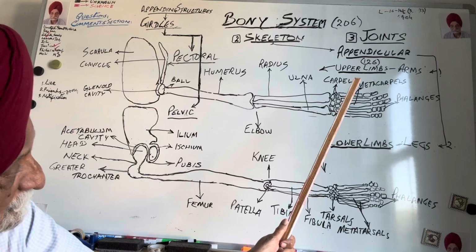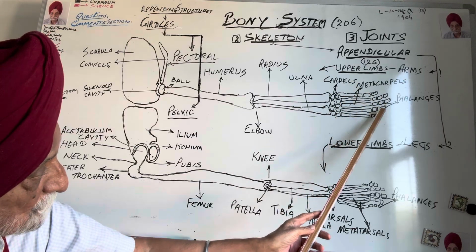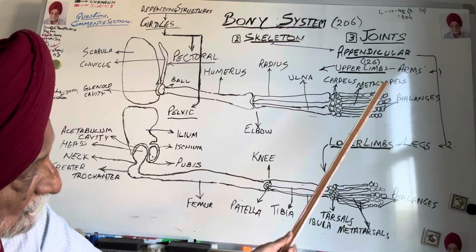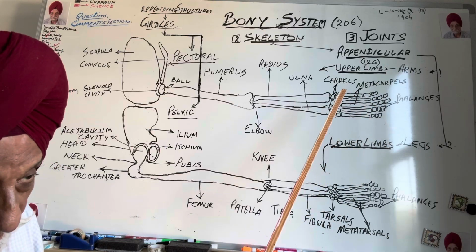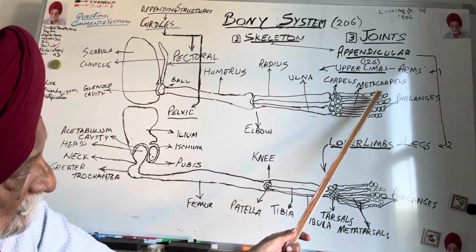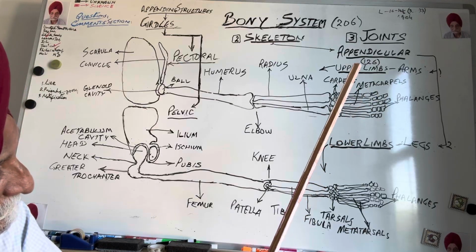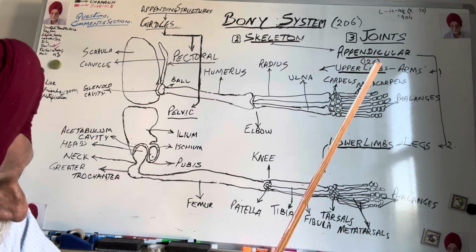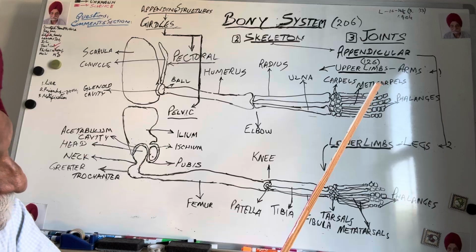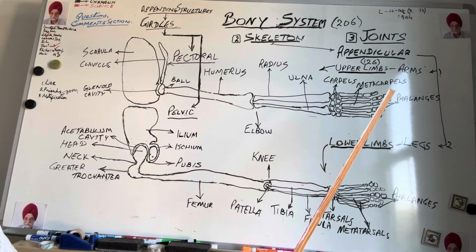The metacarpals then end up with the bones of the fingers called the phalanges, which are 14 in number. The thumb has 2 phalanges, and all the other 4 fingers have 3 phalanges each, thus making the 14 phalanges.